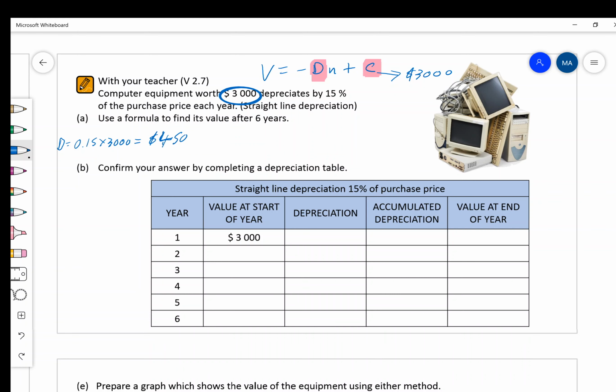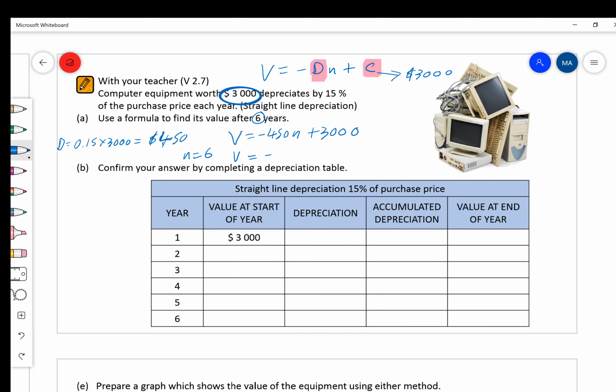So the equation will look like this: V equals negative 450N plus 3,000. That's the equation we're going to use to figure out the value at any particular year. In this case, they're asking for the value after 6 years, so we put N equals 6.